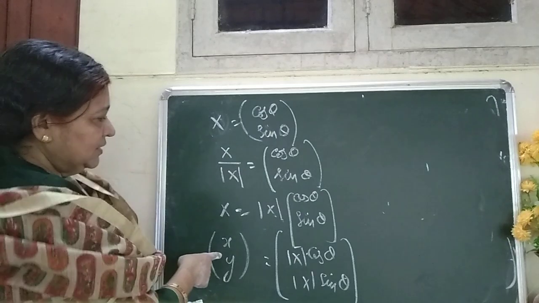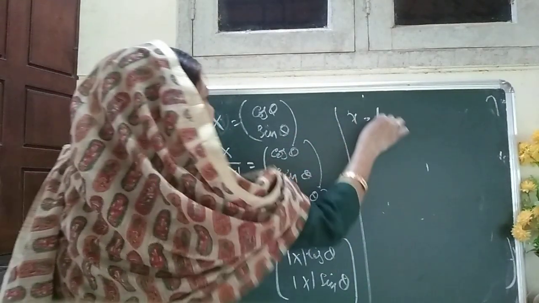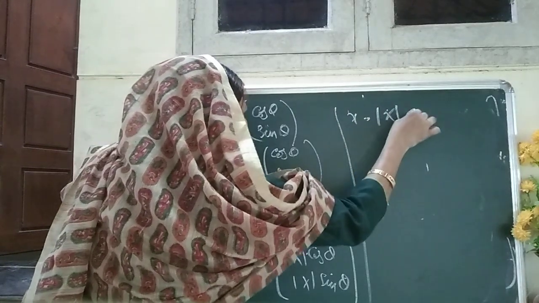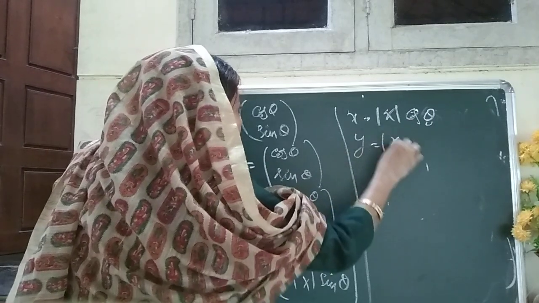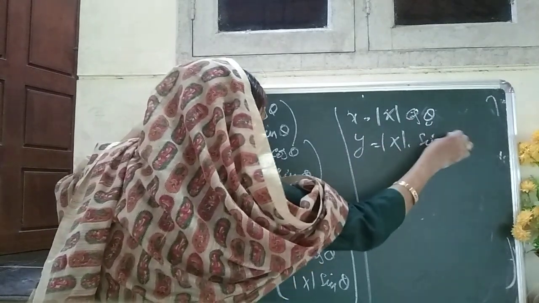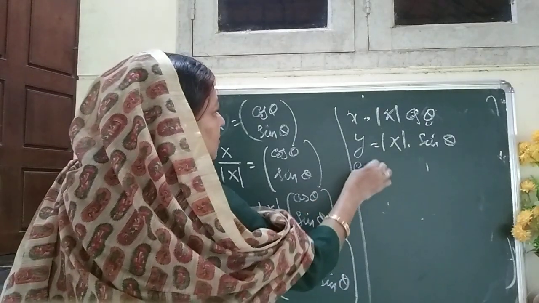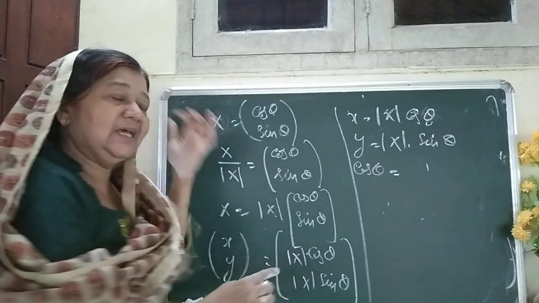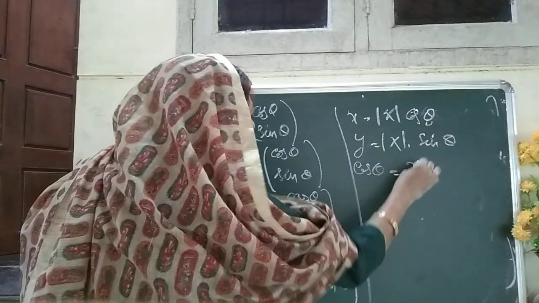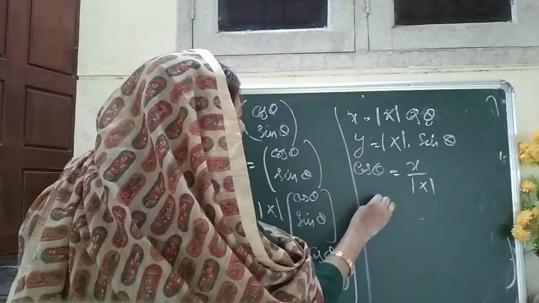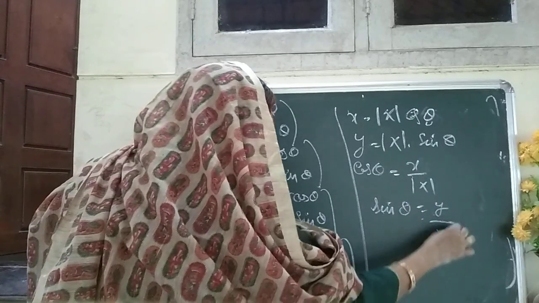Therefore, we have small x equal to mod x into cos theta, and small y equal to mod x into sin theta. Therefore, what is cos theta? For any vector we can easily find cos theta equal to x by mod x and sin theta equal to y by mod x.